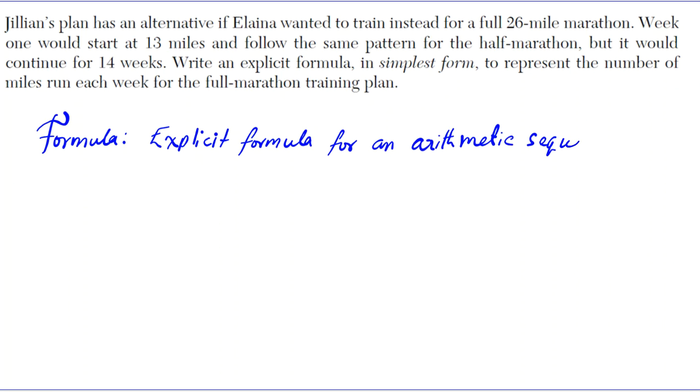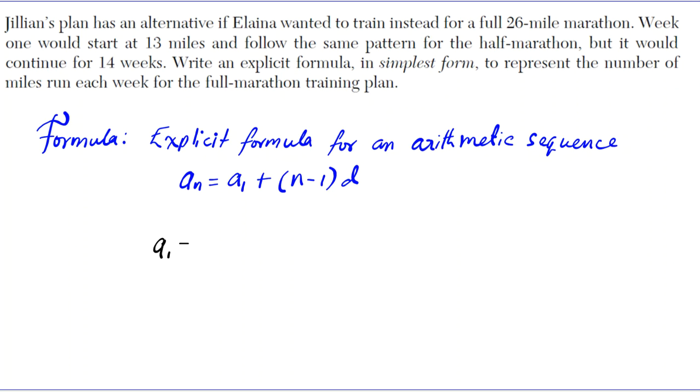Alright, so the formula is a sub n, the nth term, is equal to the first term plus the number of terms minus 1 times the common difference.